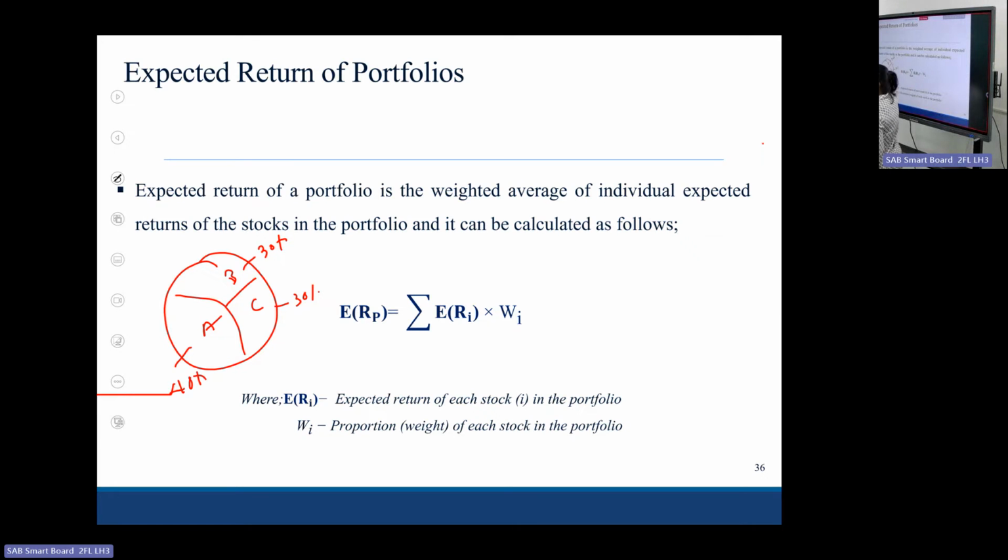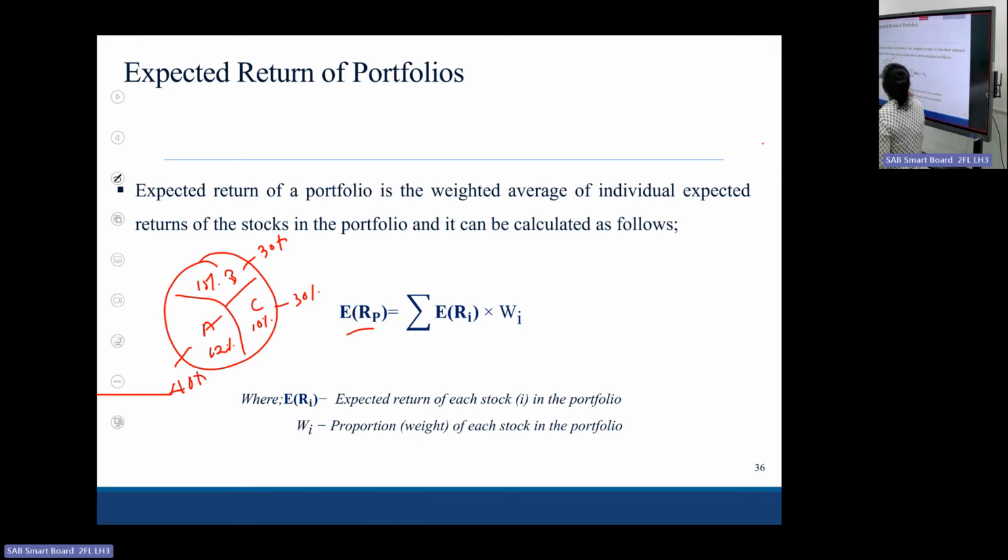And you have also calculated the expected return for A, say 12%, expected return B 15%, expected return C say 10%. So likewise you have calculated. Now you know how to calculate expected return. So portfolio expected return means the weighted average expected return of the individual assets: 12% into 40, 10% into 30, 15% into 30.